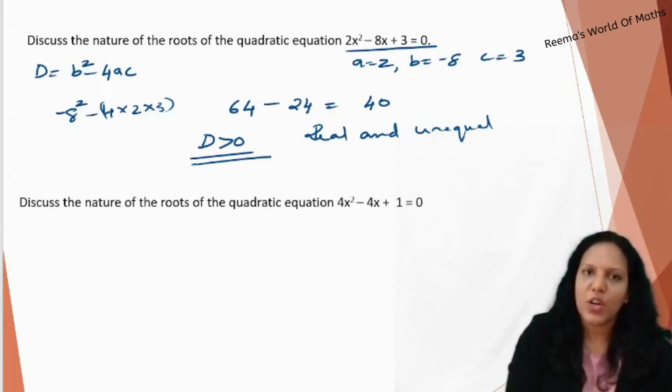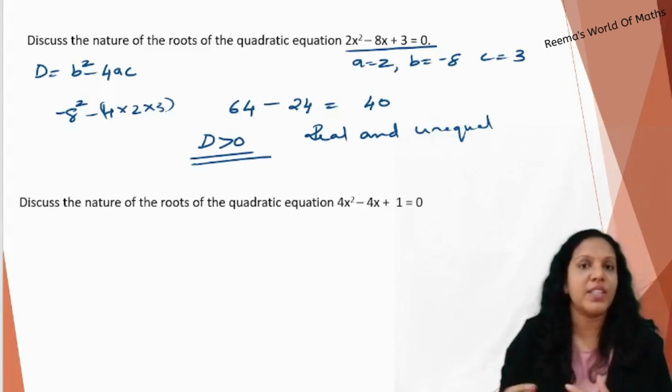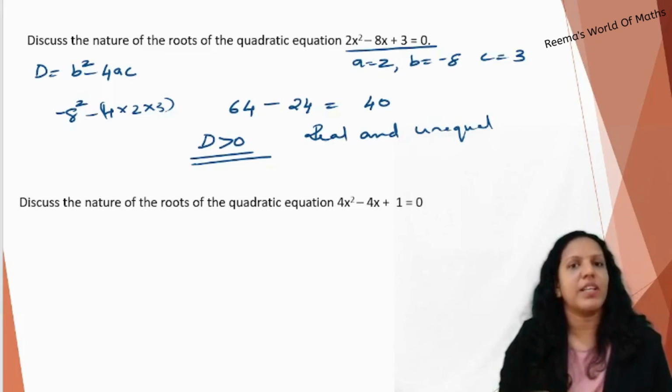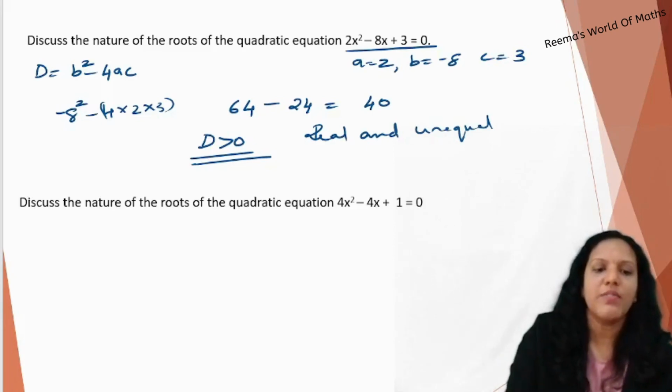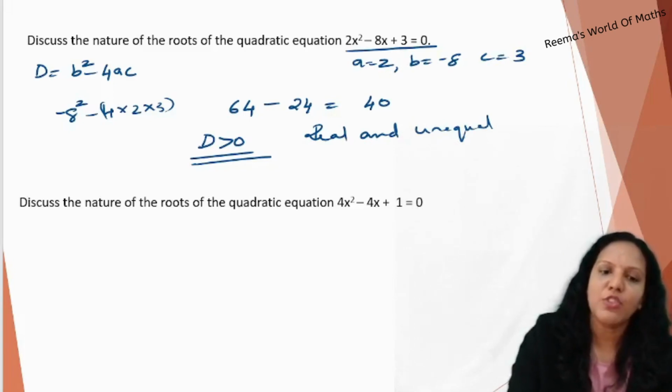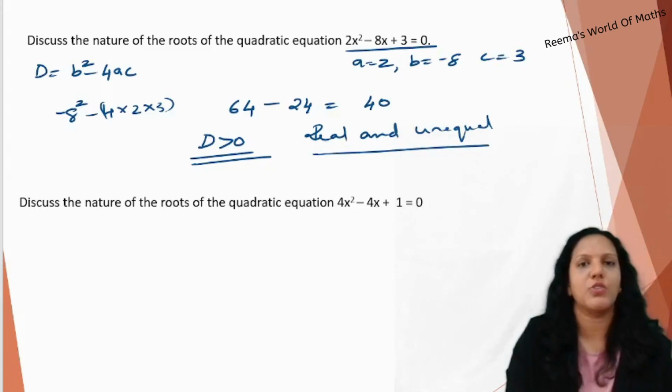The degree of the quadratic equation is 2, so it can have a maximum of two roots. So here, in this case, the discriminant is greater than 0, so it will have two real and unequal roots.